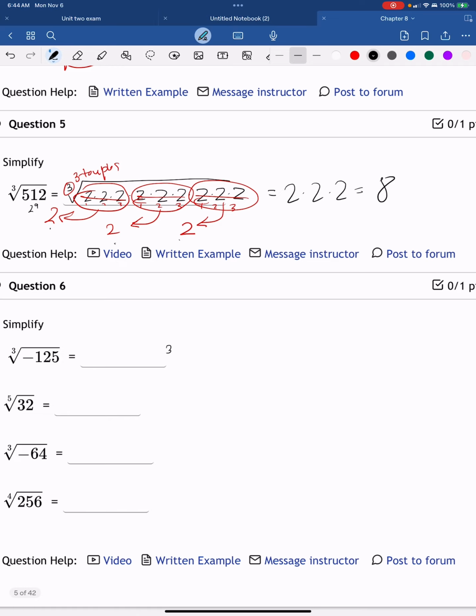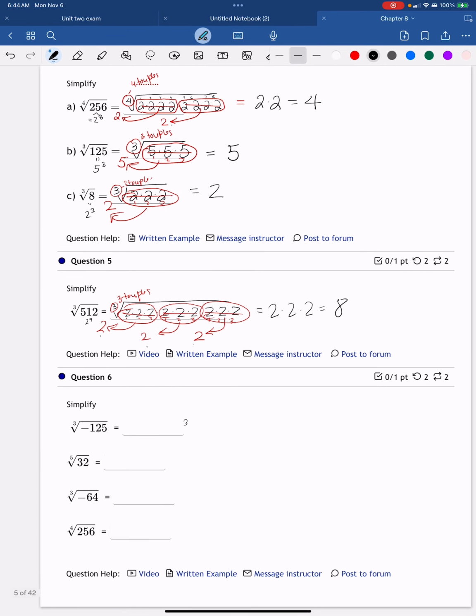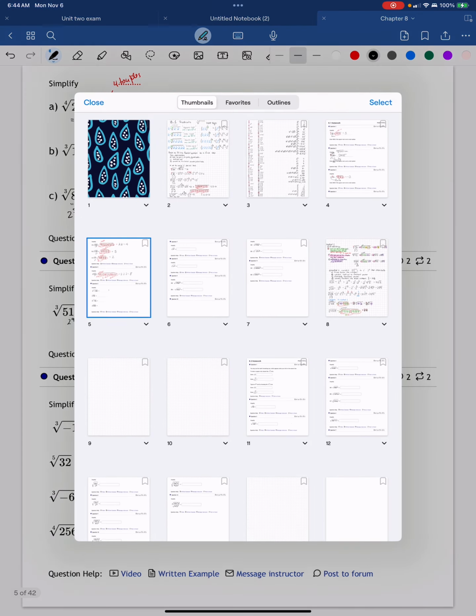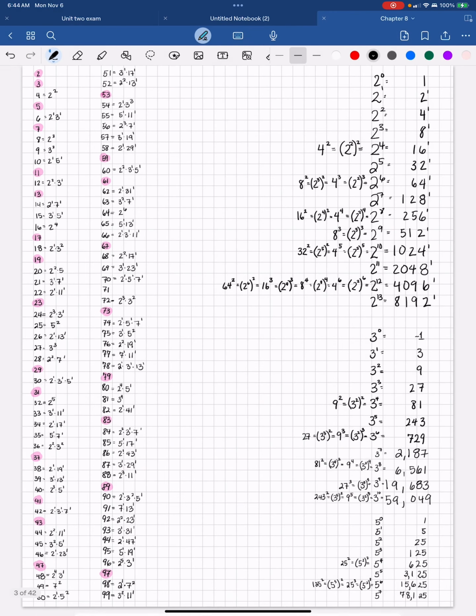You can, like from that sheet over here, look at 512 and see that it's also equal to 8 to the third. So that is something you could do.